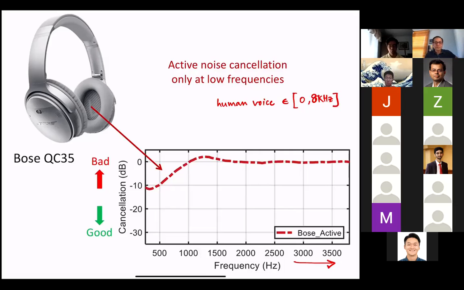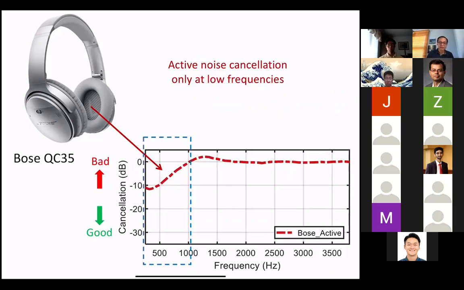So if you look at frequency, turns out not only Bose, all noise cancellation headphones today cancel up till around 1 kilohertz. The rest of the frequencies above 1 kilohertz don't get cancelled. But you say, hey, that's surprising, because when I put on my headphone, it seems pretty good, right? How come it's only canceling till 1 kilohertz and the rest of it is still going through my headphone?